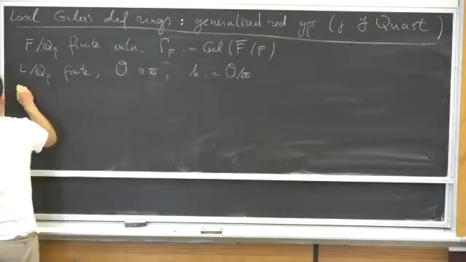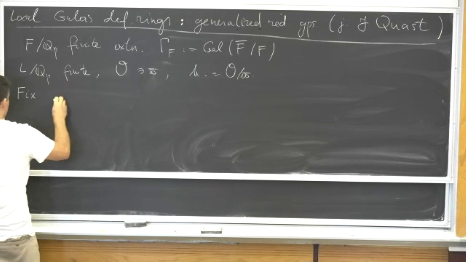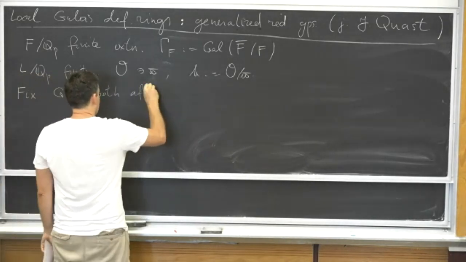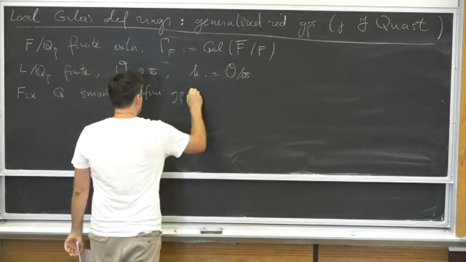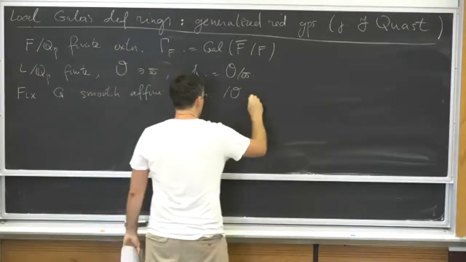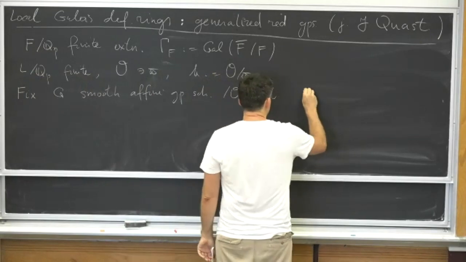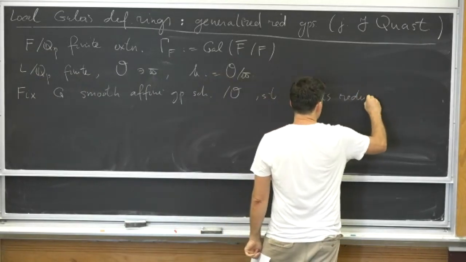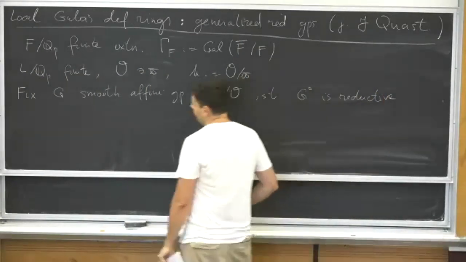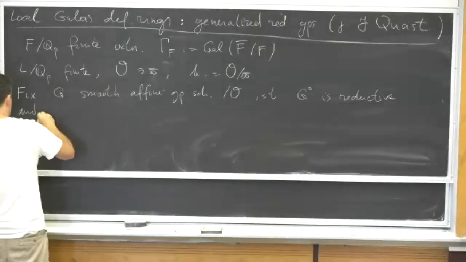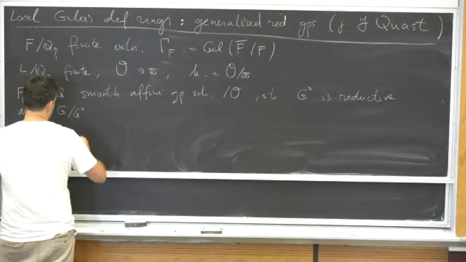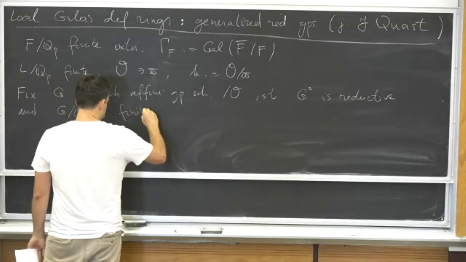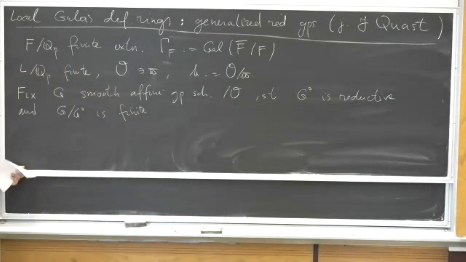So what I'd like to fix, G, so this is a smooth affine group scheme over O, such that its neutral component G0 is reductive, and the component group G modulo G0 is finite.